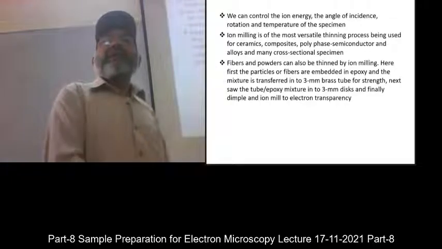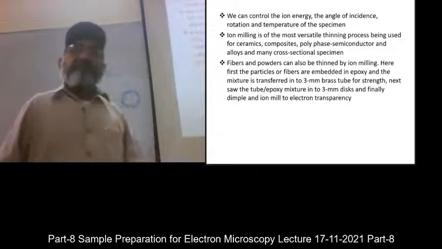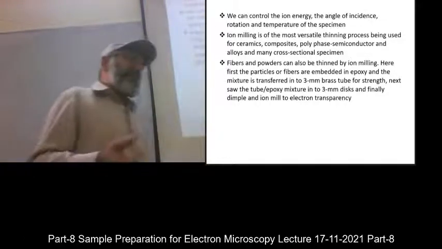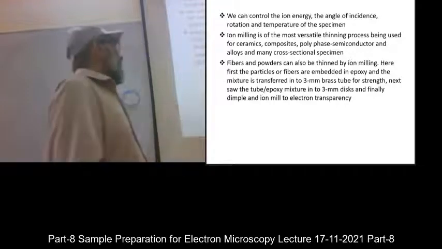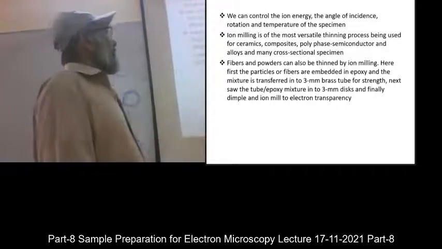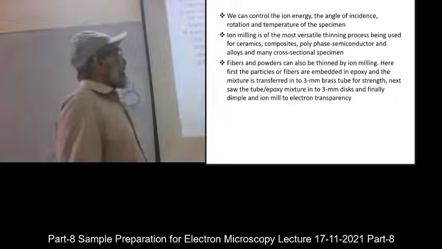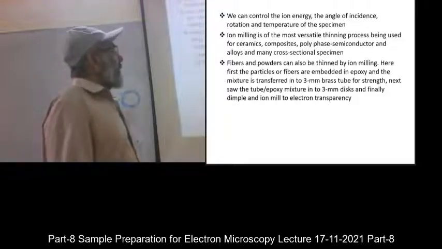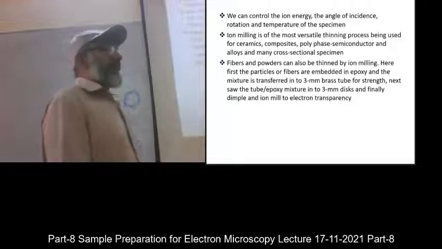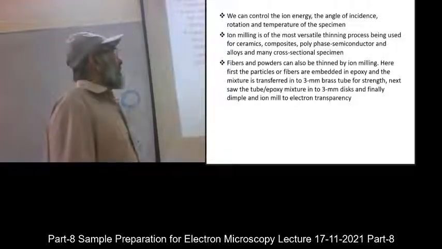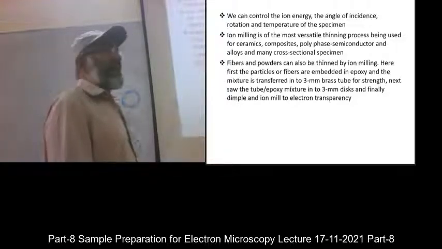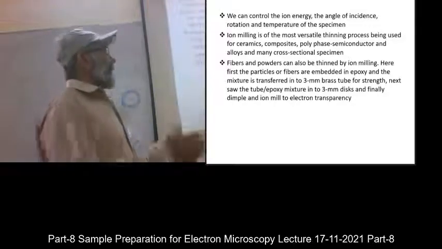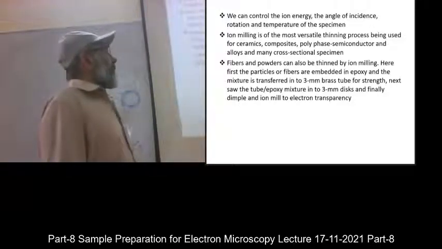Ion milling and grinding, people use it in the same meaning. Milling means grinding. Ion milling is the most versatile thinning process being used for ceramic composites, multiphasic material, right? Polyphase means that you have polycrystalline material, as we say, or multiphasic material.